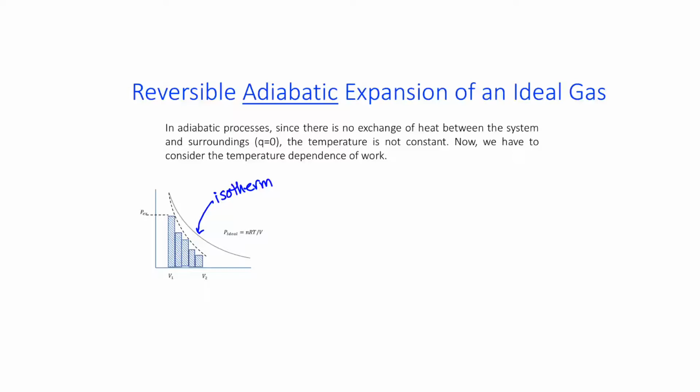What you see for an adiabatic process is that you get some sort of delta T, so our temperature is not constant. Anytime you see these lines drawn on your indicator diagram like that, those all indicate some different temperature that's occurring.